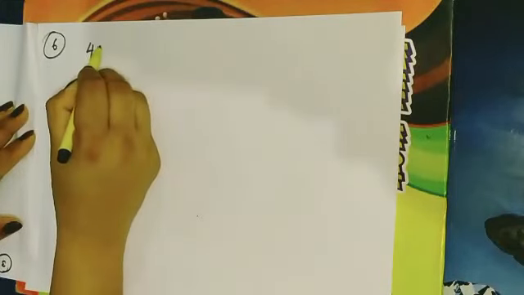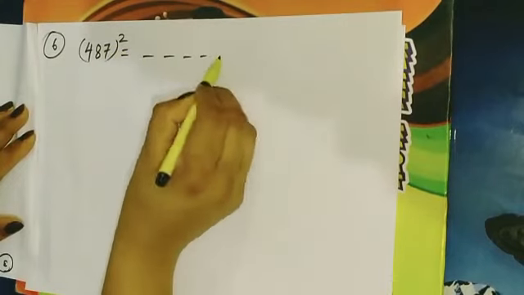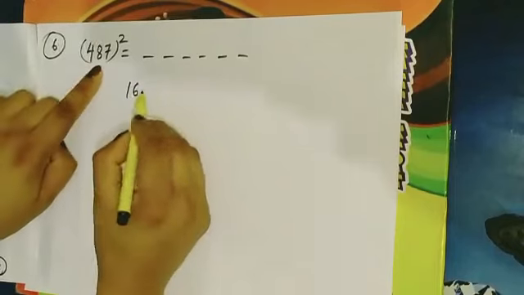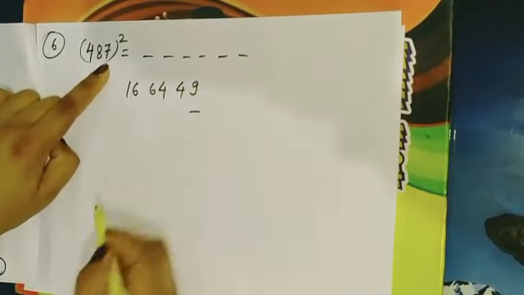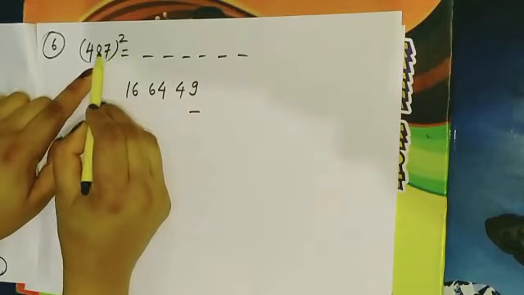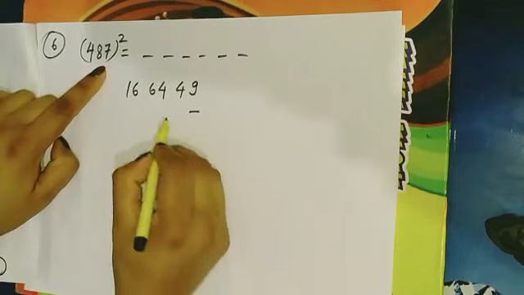Now let's see the next example. I'm taking here example 6, that is 487 square. Create 6 spaces, right? A square, that is 16. B square, that is 64. C square, that is 49. One space blank. 2BC. 2 cross 8, 16. 16 cross 7, that is 112.